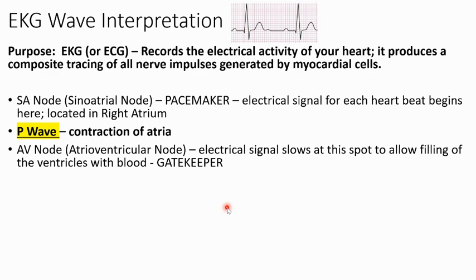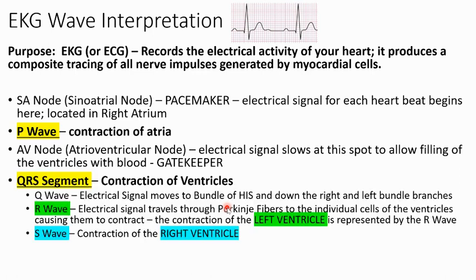Otherwise, your P wave is going to be on top of your QRS wave. So the signal comes down through the atrium. It's going to get to the AV node. AV node is going to pause the electrical signal. The atrium are going to complete the contraction, and then the electrical signal is going to go into the ventricles, where the ventricles can then contract, because now they'll be full of blood at that point.